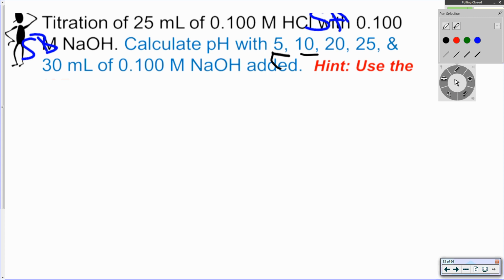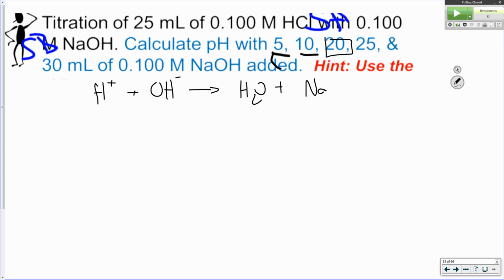We're going to do 20. So now 20 milliliters added. H plus OH minus yields water and the neutral salt, falling through ICE. So it's still the 2.5 initially, 25 times 0.1. But now if I take 20 times 0.1, it's 2 millimoles of OH minus.